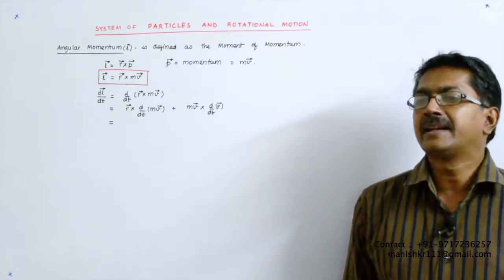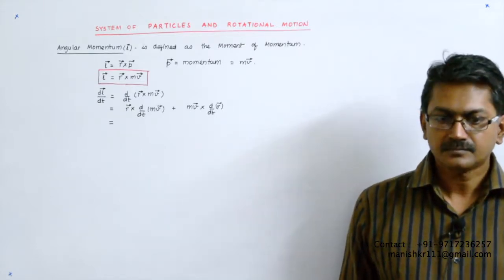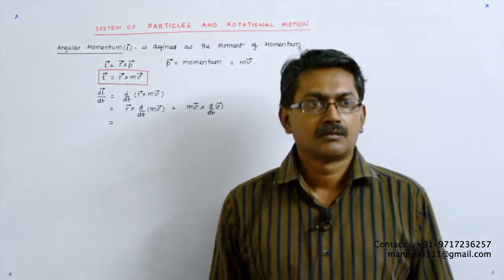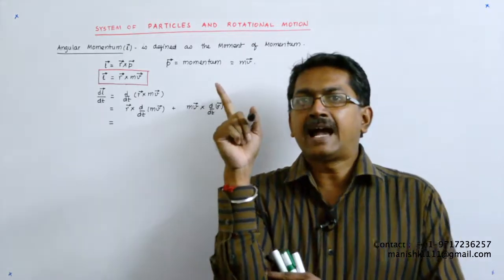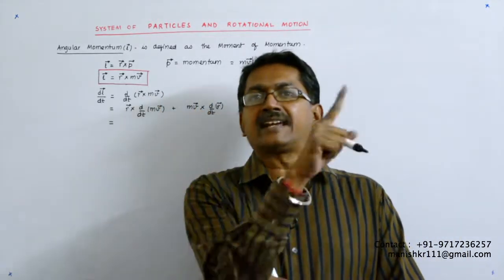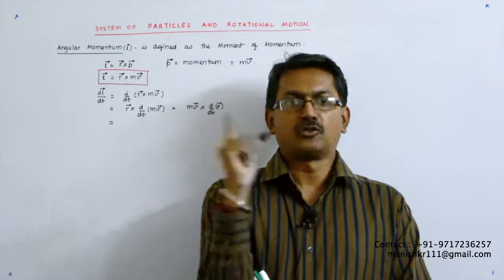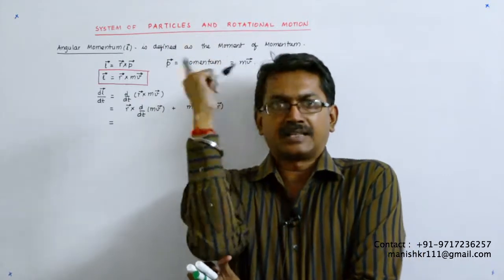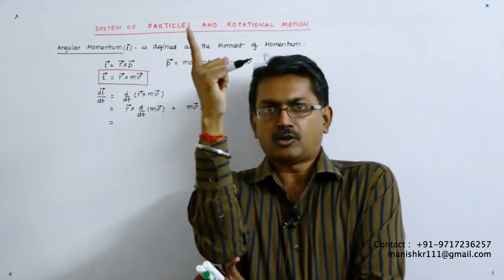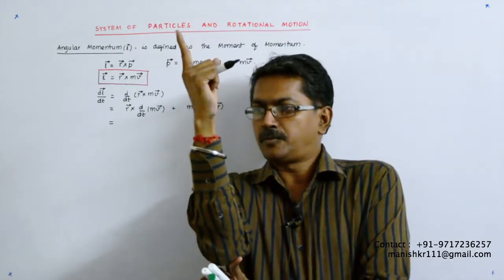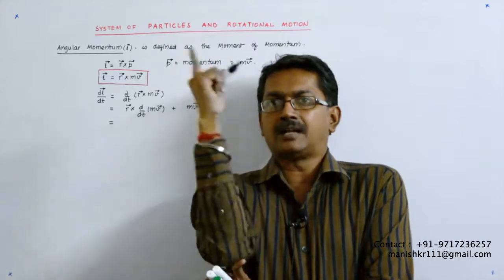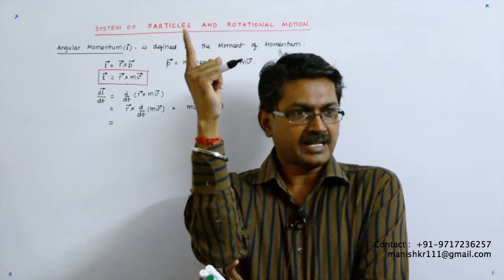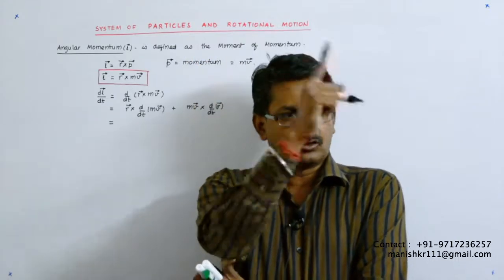Now what is dr by dt? dr by dt is v. Why? Because this r is again the same r, which is fixed at the origin and moving like that. So when you are pointing at a particle, and it starts rotating, the r goes in a conical manner. It actually will make a cone.